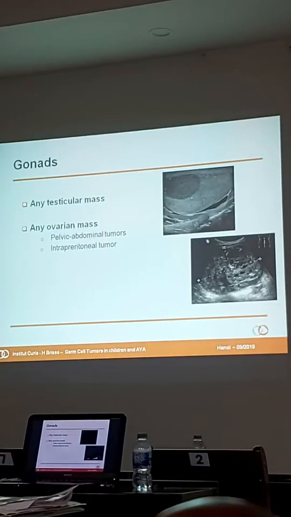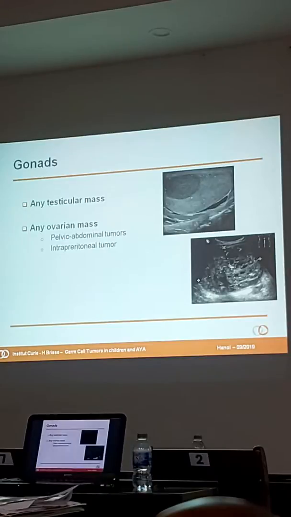So, of course, when you find a testicular mass, and we will talk about this afternoon, every time you see a testicular lesion, every time you see an obvious ovarian mass, you have to think about this diagnosis.